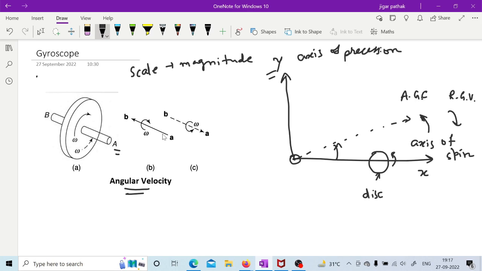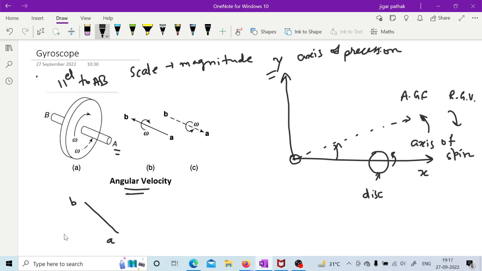The direction of that AB vector will be parallel to this axis AB. When you are drawing this vector, what you know is the magnitude and direction. Let us say you have scaled the magnitude and drawn this vector AB.